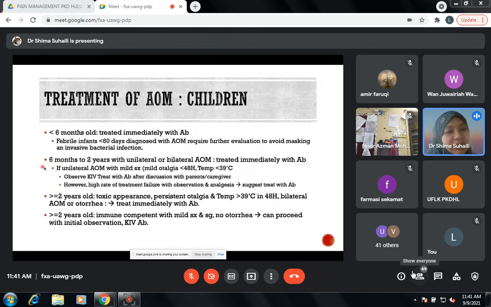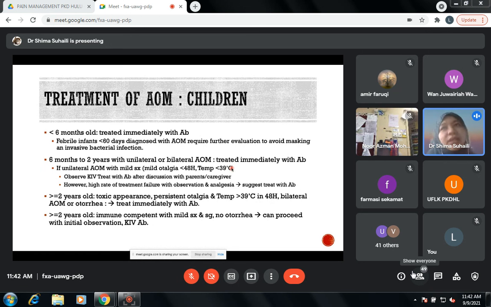Okay, for the child 6 months old to 2 years old, with history of either unilateral or bilateral AOM, from the guideline, we should treat them immediately also with antibiotic. Okay. However, if the child has unilateral AOM with mild symptoms, like mild otalgia and presentation less than 48 hours, and if they have fever, temperature less than 39 degrees, we can adopt the practice of observe and treat if the symptom worsens. However, before you do this, you have to discuss this with the parents or caregiver.